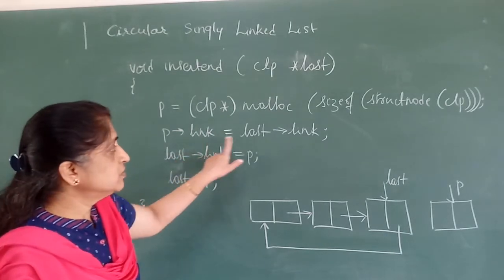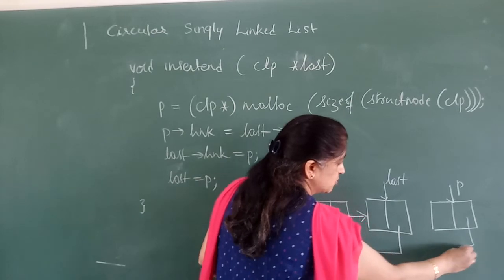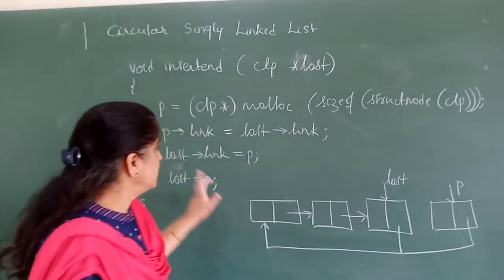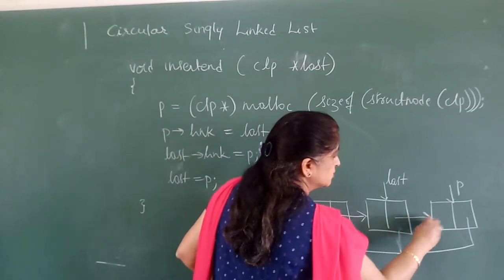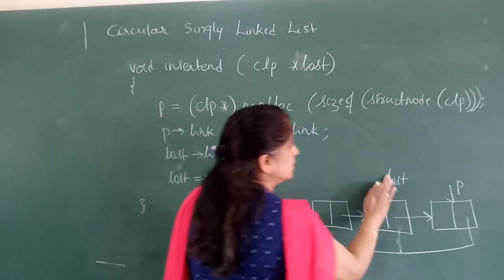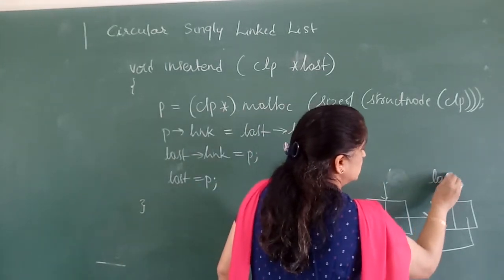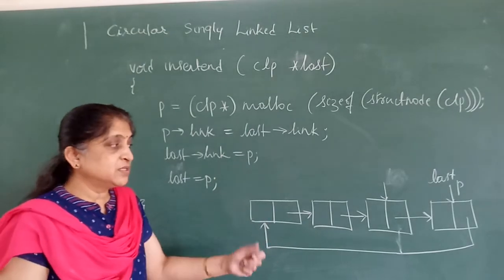Then P link is equal to last link, as I showed you in the previous example. So P link is equal to last link, and last link is equal to P. Just write these two statements in the function. Then make last is equal to P. So we inserted at the end of the list without traversing, we have saved time.